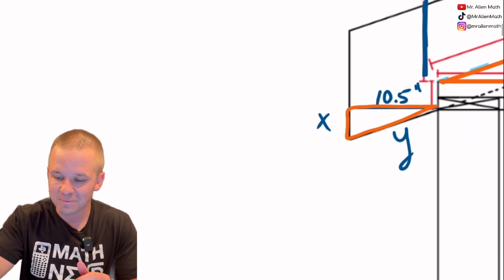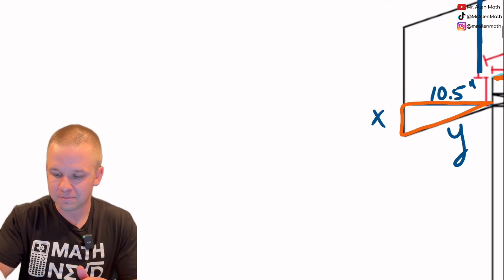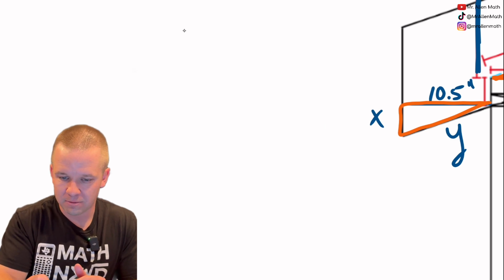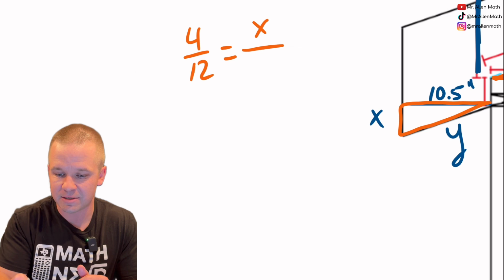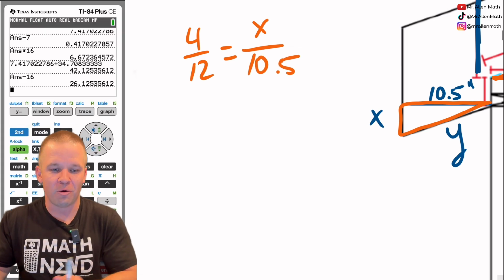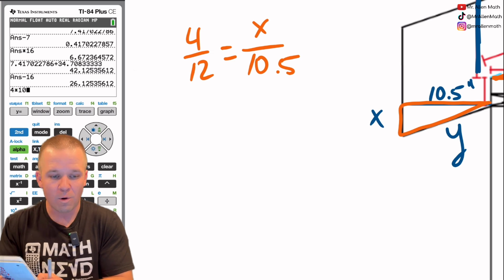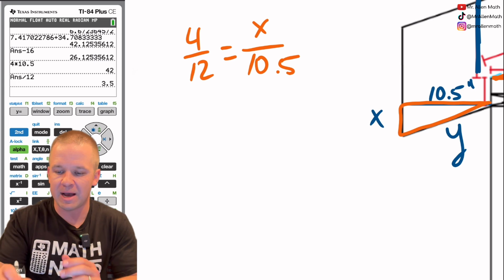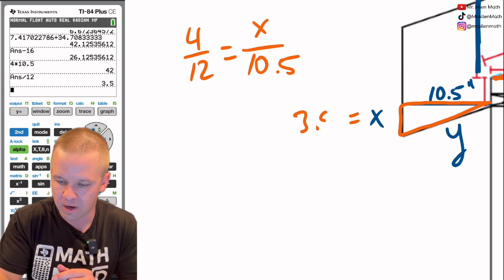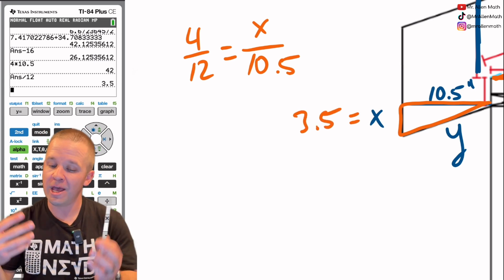Check it out. So I can do 4 over 12 equals X over 10.5, where my rise is X and 10.5 is my run. Let's plug it in the calculator all at once. We're doing a lot of the same calculations, so why not? Plug it all in at once, divide by 12. 3.5 is my X value. What are we going to do next? Hit it with some Pythag.